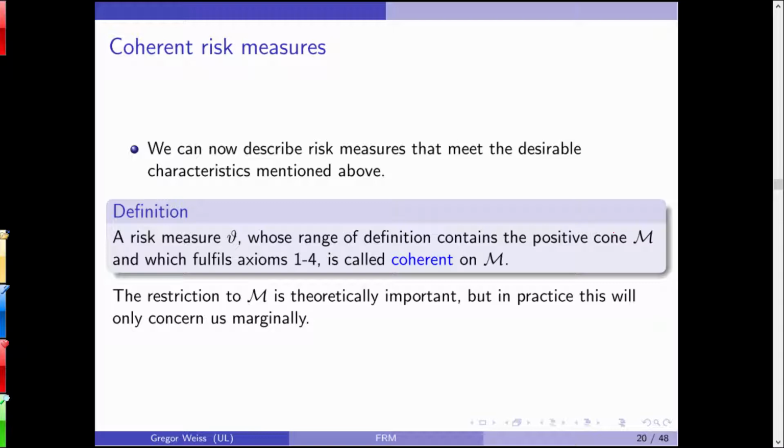So, for example, let this be a set M. If you add two objects and the sum is again in M, and if you take one object and multiply it with a positive number lambda, and it's again included in this set, then the set is called a positive cone.